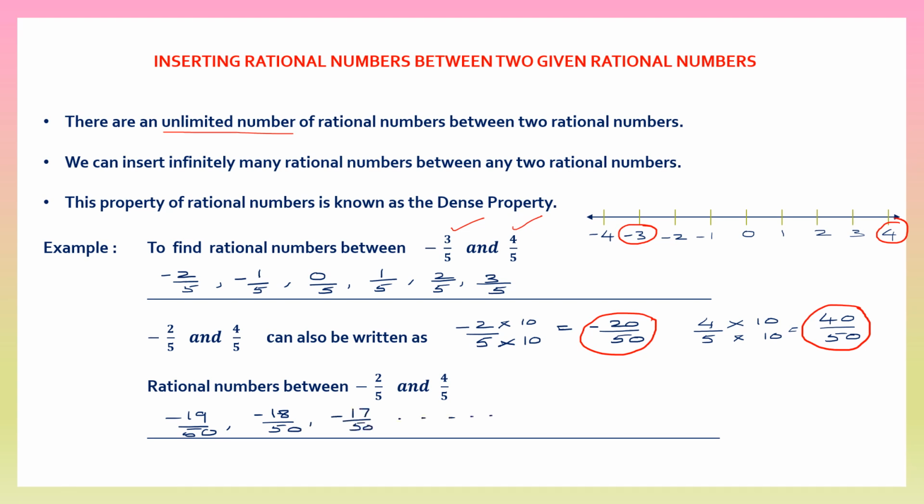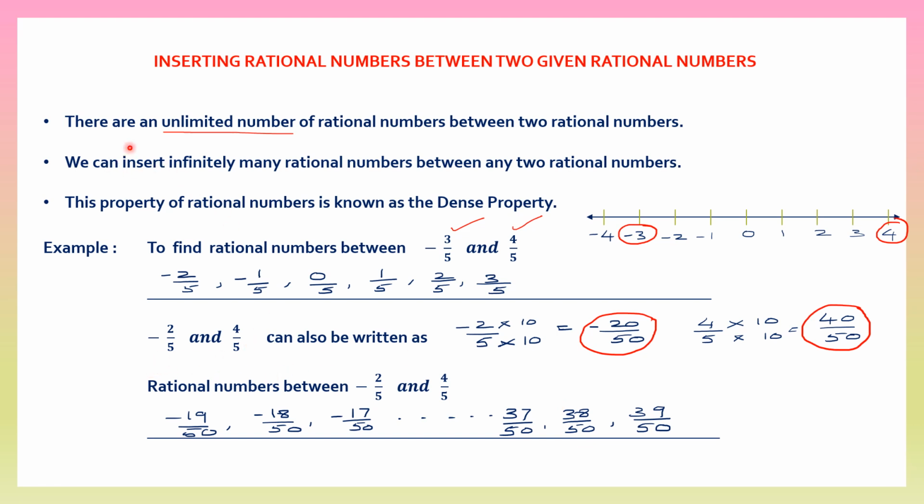We can go on and we can stop just before 40 by 50. So that can be 37 by 50. Now they're all positive numbers, 38 by 50 and 39 by 50. So can you see we can insert a number of rational numbers between these two rational numbers.